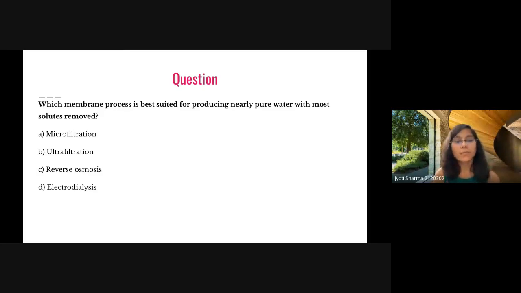Anyway, which membrane process is best suited for producing nearly pure water with most solutes removed? Microfiltration, ultrafiltration, reverse osmosis, electrodialysis. Which is best suited for producing nearly pure water, and that would remove almost all the solutes?